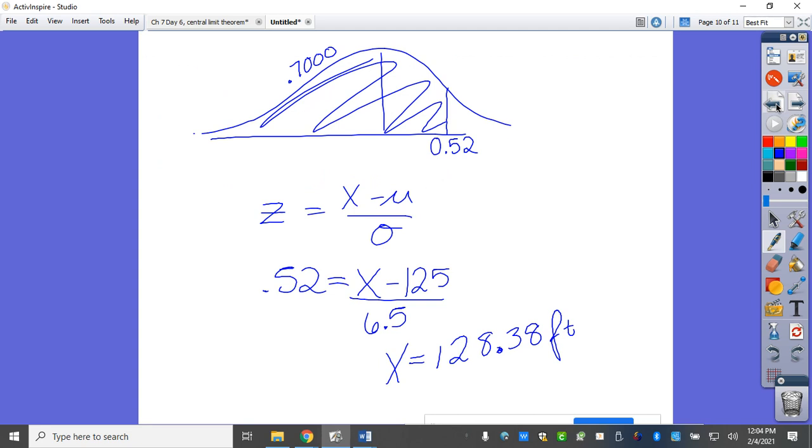This is the easiest answer on the entire question. So what's the probability that it took them longer than 128.38 feet to stop? What's this? And that's why I don't like this problem, because that's the easiest part of the whole problem, and they make it trickier than they should.